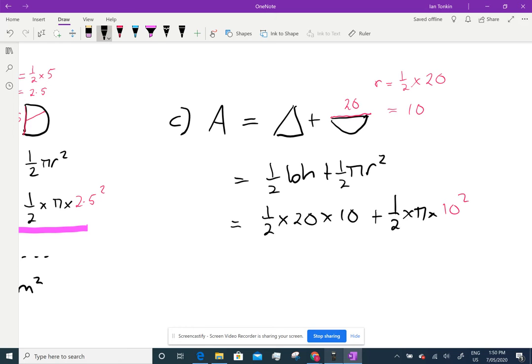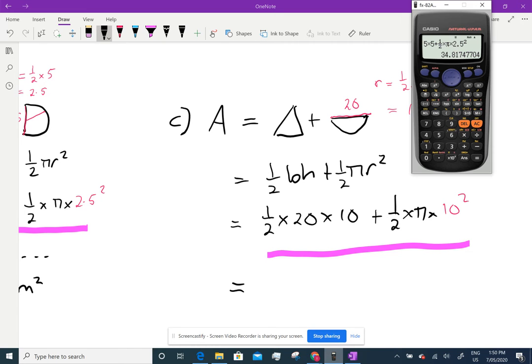And again, this is the most important line. You're working. You then go to your calculator.